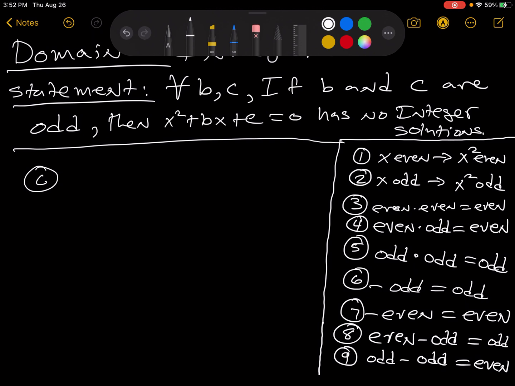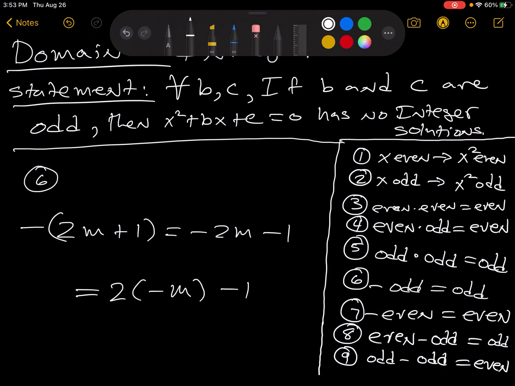Okay, 6. If you negate, so let's say you have an odd, 2m plus 1, and you make it negative, this is negative 2m minus 1, which we could write as 2 times negative m minus 2 plus 1.